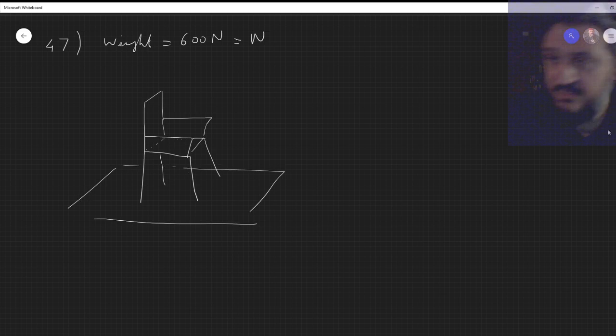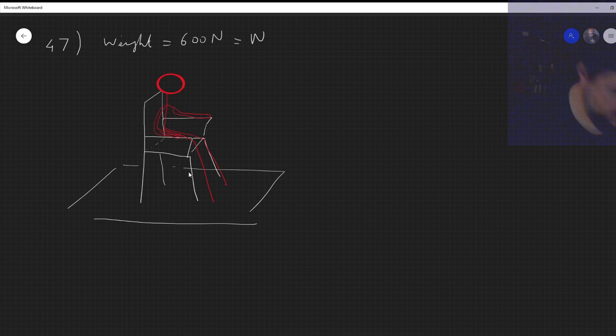And we have a woman. I'm just going to draw a stick figure here, with legs and arms, of course. Not very good, but it's okay. Let's make the arms bigger.